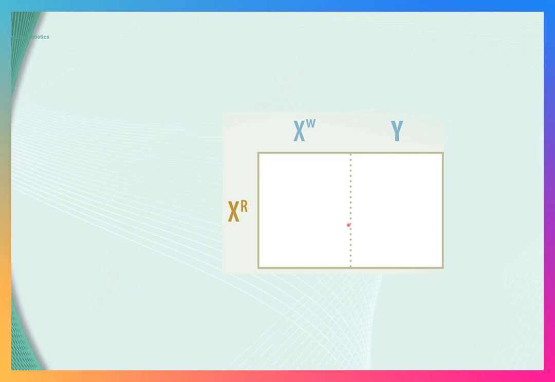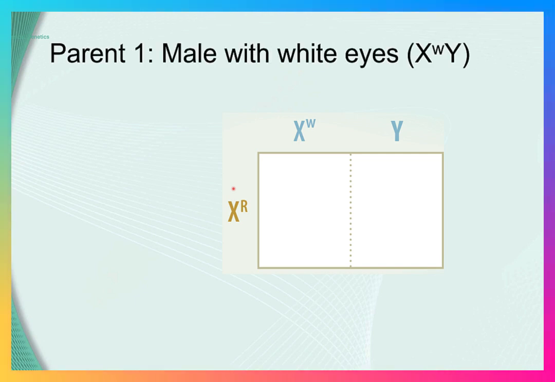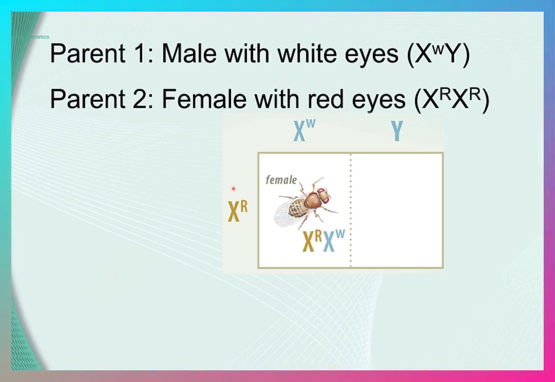Then all the offspring will get an X from mom, and in the females, you'll have one W and one R. And if R happens to be the dominant trait, then all the females will express R. And because all the males get R as well with no opposing W, they will also all express R.